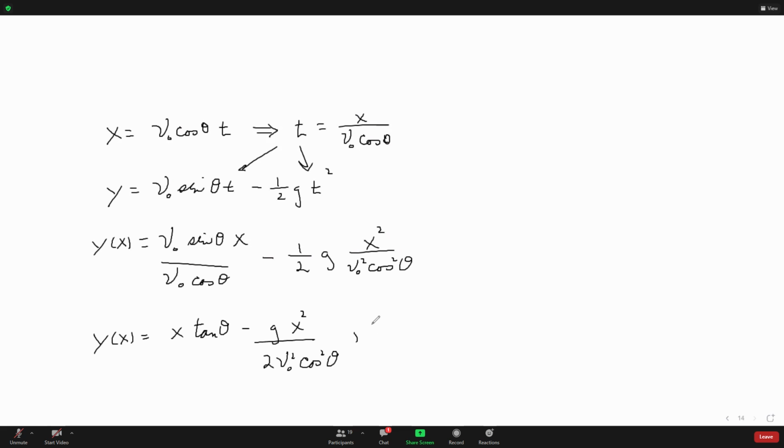My assumption is that the motion begins at x0, y0 equals 0. So in order to use this particular equation of the path, I have to move my origin to where the projectile motion starts.